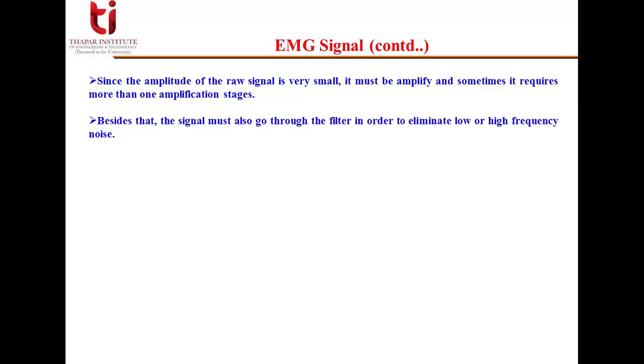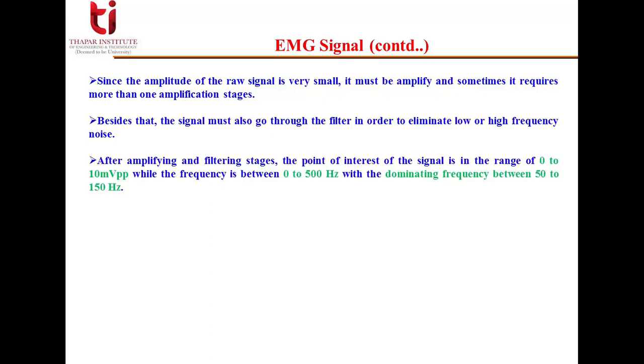Besides that, the signal must go through a filter in order to eliminate low or high frequency noise. After amplification and filtering, the signal of interest is in the range of 0 to 10 millivolt peak to peak, while the frequency is between 0 to 500 Hz, with the dominant frequency between 50 to 150 Hz.